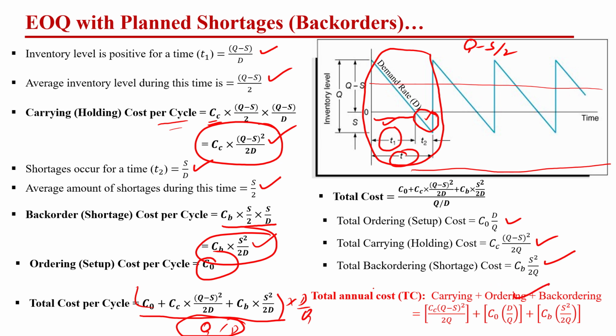Now, once we know the total cost function, our ultimate objective is to find the optimum order quantity and the optimum shortages quantity.